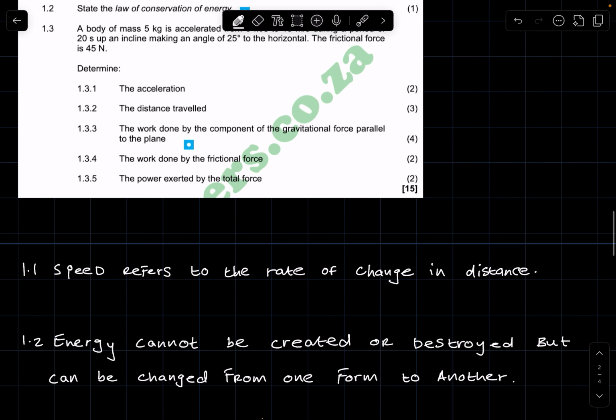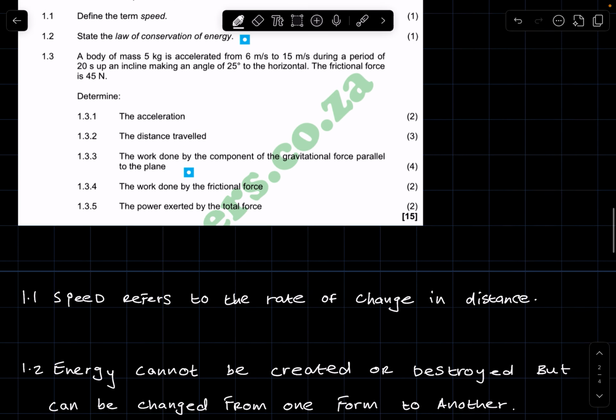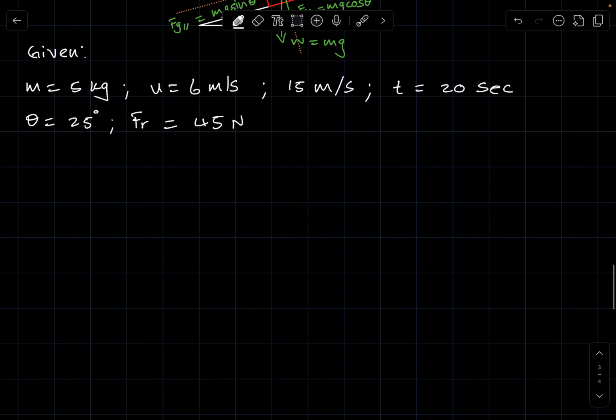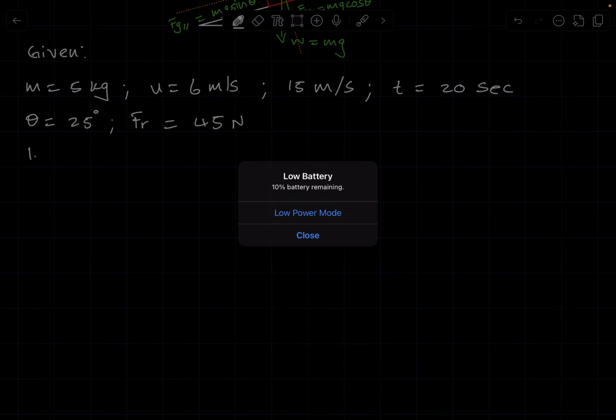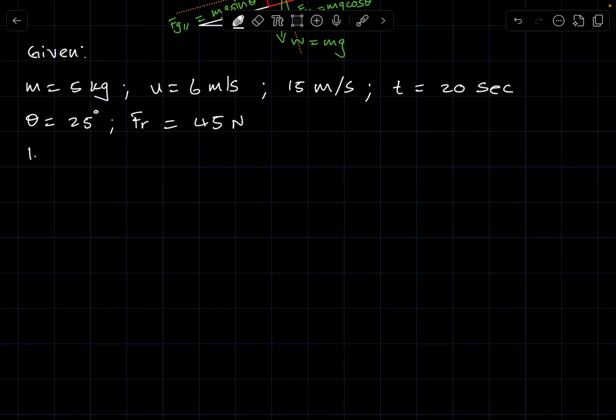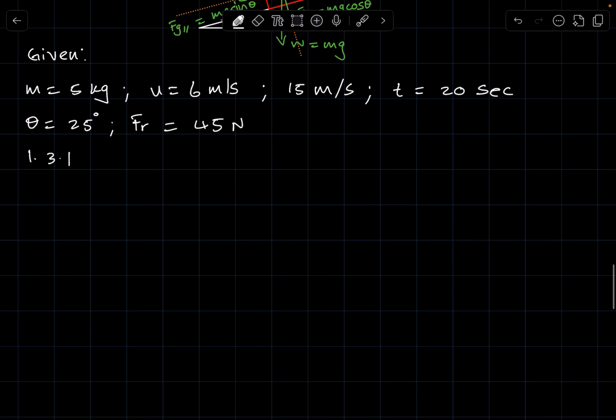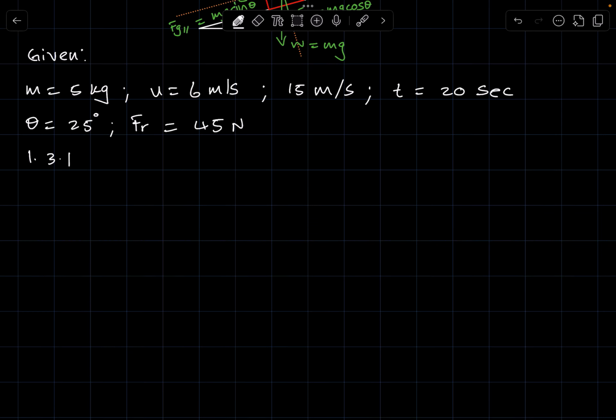Now let's look at calculations. Determine the acceleration. That's 1.3.1. For acceleration, you simply use equations of motion because we've been given the initial velocity, the final velocity, as well as the time. The final velocity is equal to 15 meters per second.